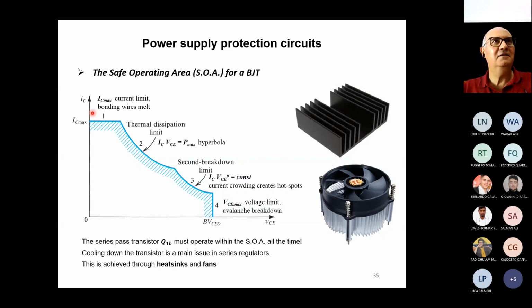We must take care that the maximum collector current is not higher than this IC max. Why? Because otherwise we are probably going to melt the wires which connect the chip to the terminals. So that's the limit.